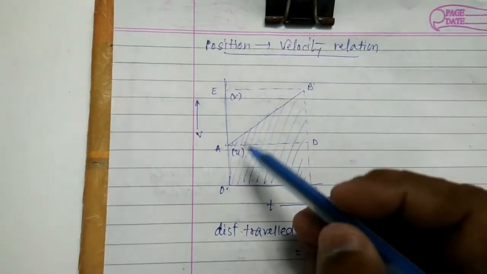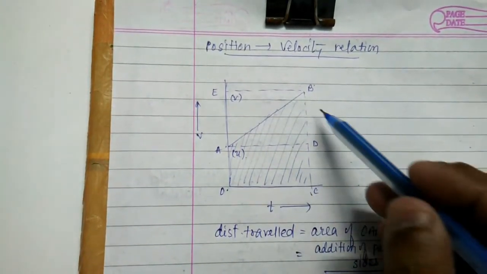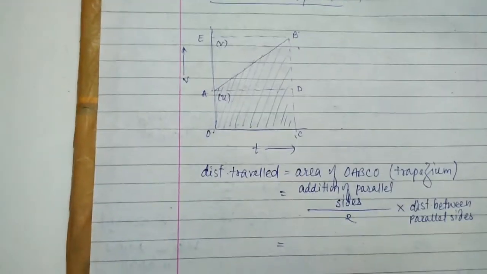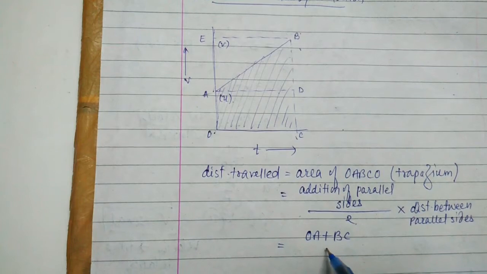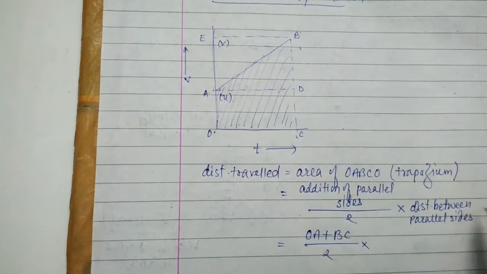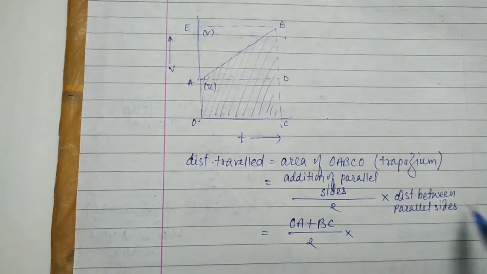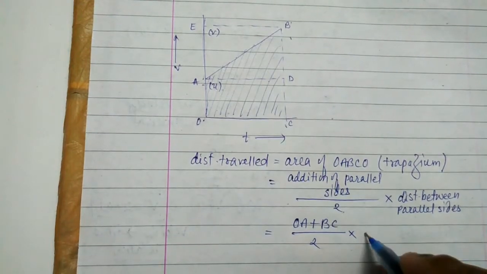Addition of parallel sides, it is OA plus BC, into the distance between parallel sides, AD.